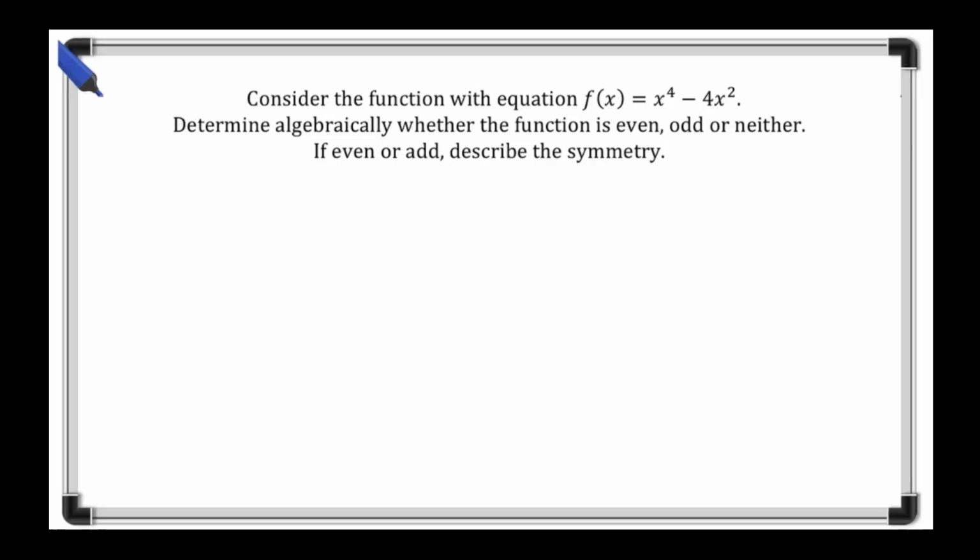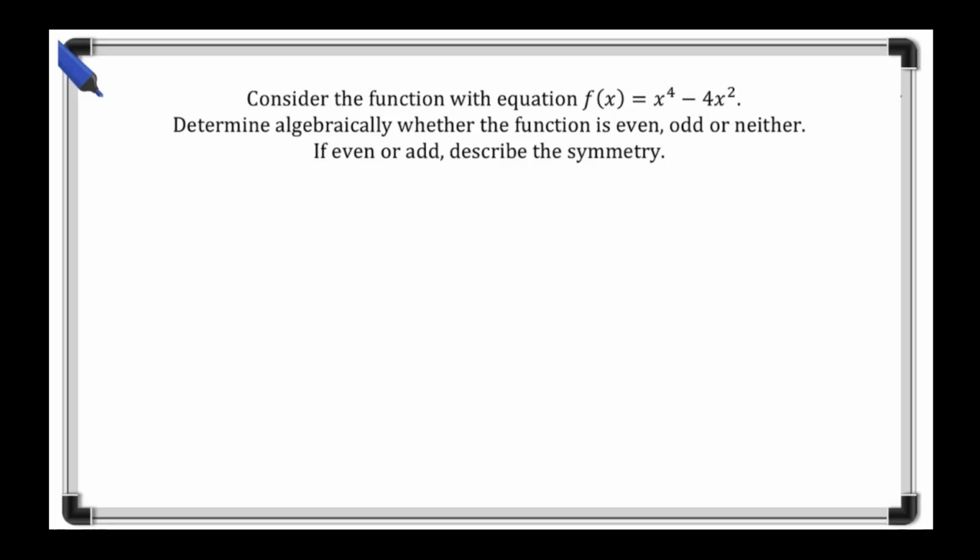Okay, so here you're given a function, and you need to determine whether the function is even, odd, or neither. And if you get an even or an odd function, let's go ahead and describe what that symmetry is. The first thing I want to do is check algebraically whether this function is even.